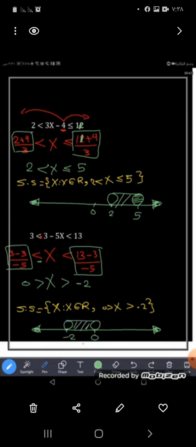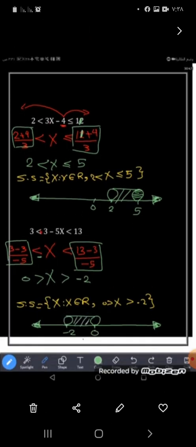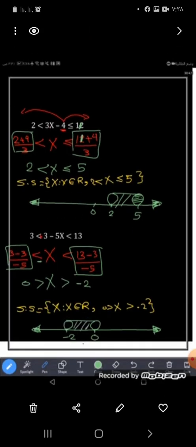Then put 6 divide 3 less than x less than or equal 15 divide 3. It means 5. Then we can say 2 less than x less than or equal 5.